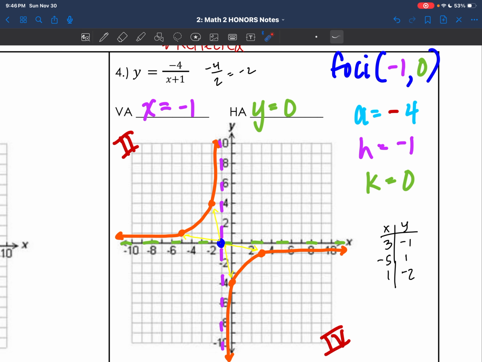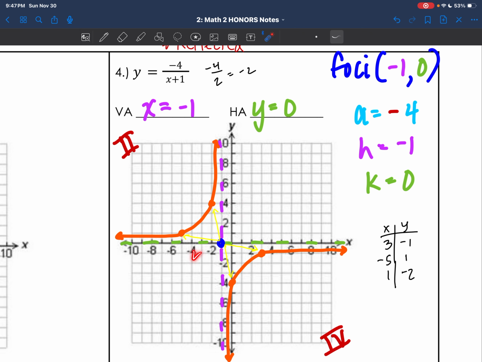Another thing I'm going to show you, though, is see how a is 4, or -4 technically, so we're 2 and 4. I'm going to go up 4 and over 1, so I'm in this, and then I'm going to go over 4, up 1. And then from the foci, I'm going to go over 4, down 1, and then I'm going to go down 4, over 1.